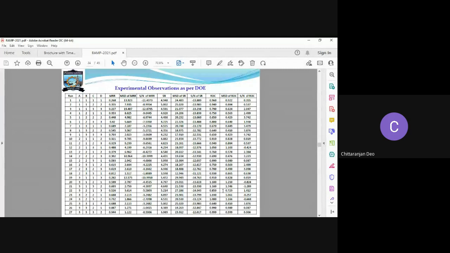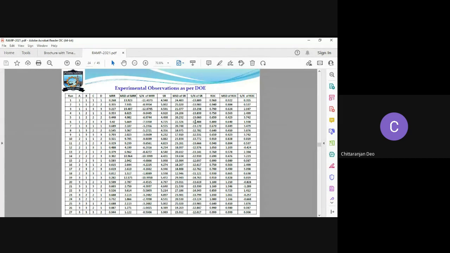So we'll conduct 27 experiments as per the DOE, design of experiment, and after experimentation we calculate the MRR, surface roughness, and radius of overcut for each sample.